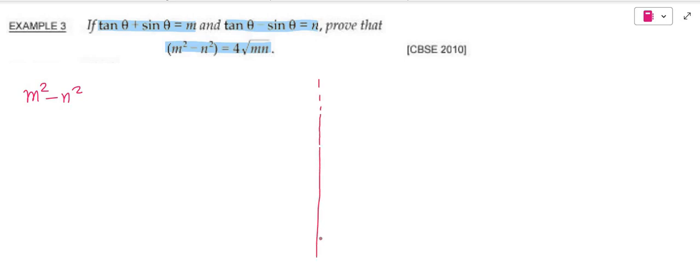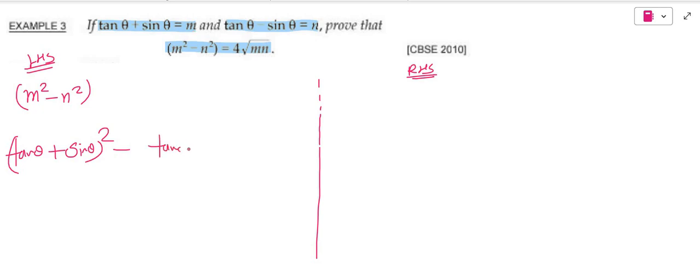So I will do left hand side here, and we will try right hand side here. We will see. Okay. M क्या है? M is tan theta plus sin theta. Correct? This is given here. Here n क्या है? tan theta minus sin theta.